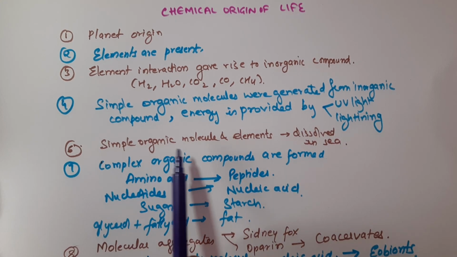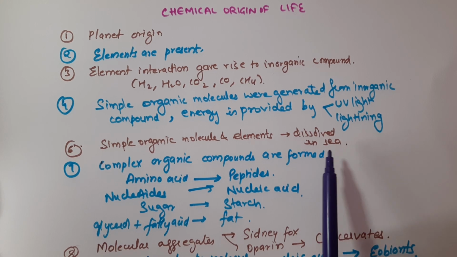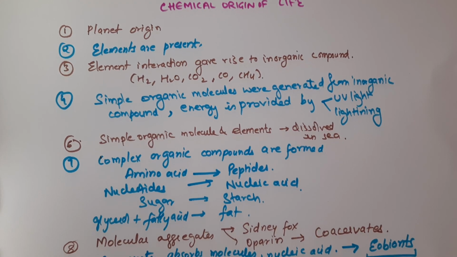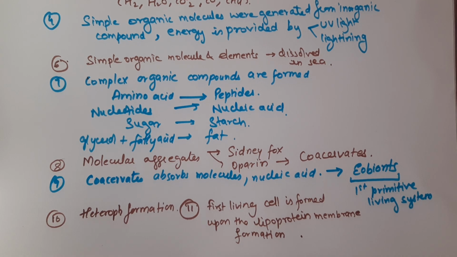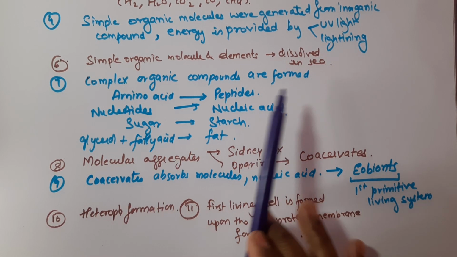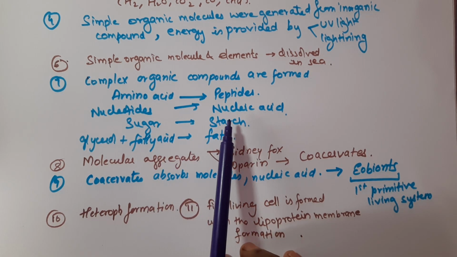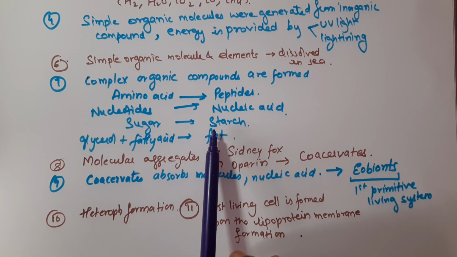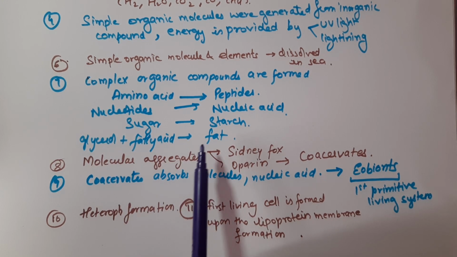The simple organic molecules and the elements get dissolved into the sea, and the sea is where life actually originated. Then the complex organic compounds are formed that give rise to life. For example, amino acids are converted into peptides, nucleotides into nucleic acid, sugars into starch, and glycerol and fatty acid into fats.